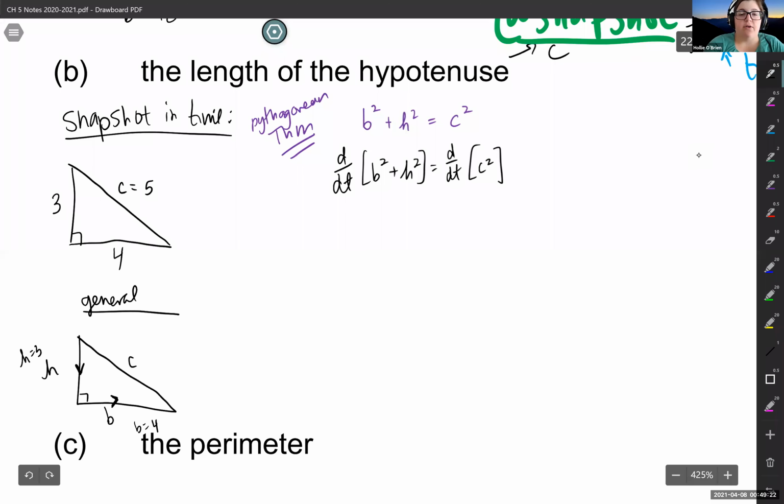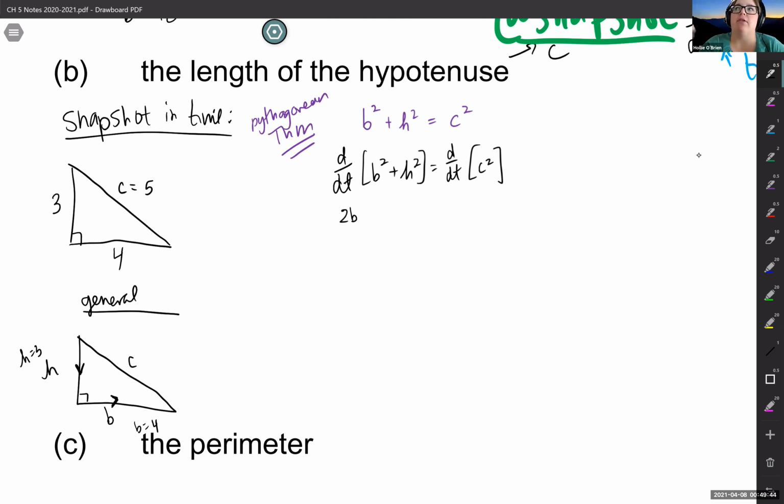Okay. So all 3 of these things are changing, right? We said height is shrinking, base is increasing. Our hypotenuse is going to be changing as well because the 2 sides are. So we just need to go step by step, term by term. First, the derivative of b squared is going to be 2 times b, because we treat it like a normal variable.